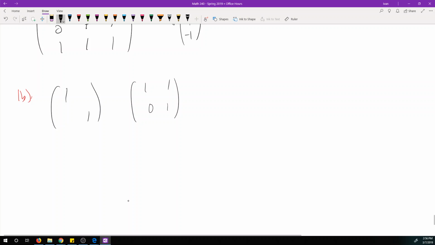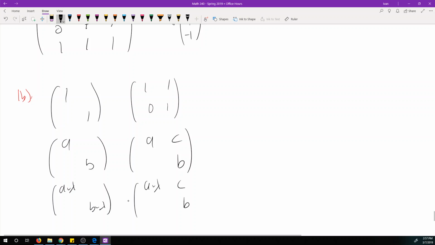You can generalize it to diagonal matrices and upper triangular matrices. If you have a diagonal matrix and an upper triangular matrix with the same values on the diagonal, so for example A, B and A, C, B, this is A minus lambda, B minus lambda, and this is A minus lambda, C, B minus lambda.